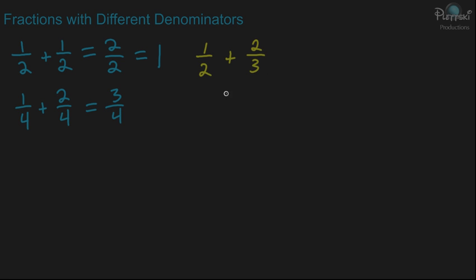the same denominator. And the easiest way to explain this is we need to find the least common multiple of the denominators. So what numbers do both 2 and 3 go into? Well, you could list out the multiples of 2 and 3.